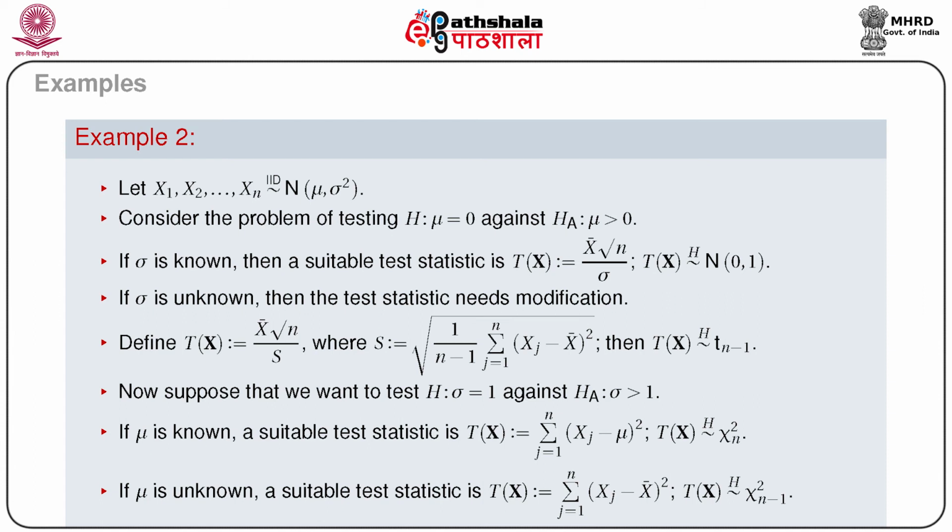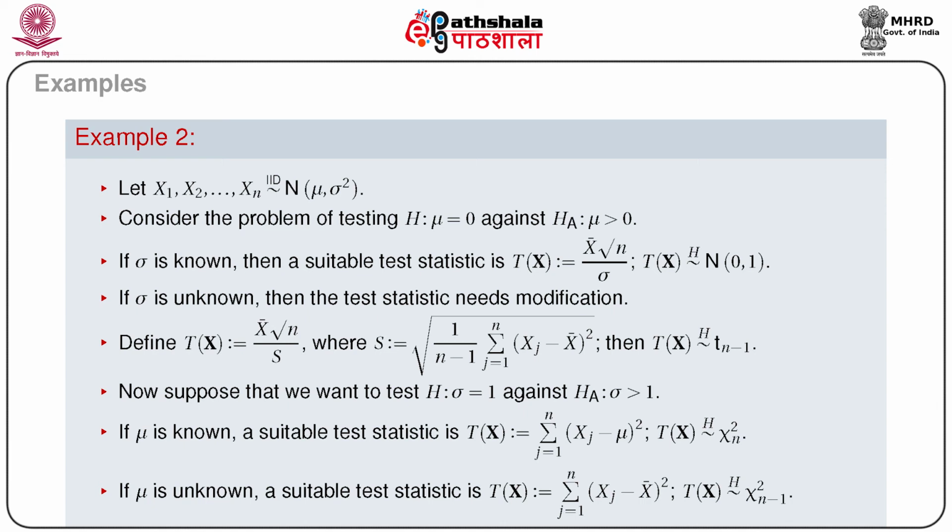If the variance is known, say sigma equals 1, then we use the test statistic capital Tx equal to root n times x bar divided by sigma.